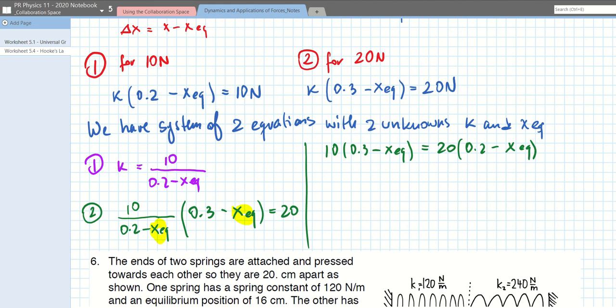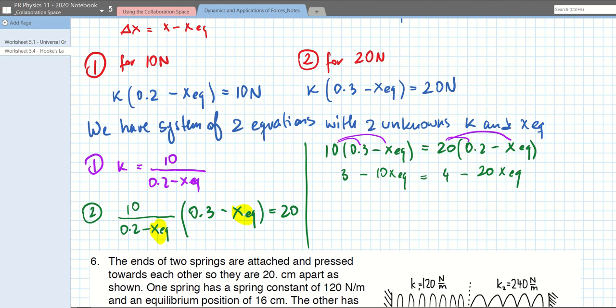We get this. Now we have to expand each of these. So multiply this out. 10 times 0.3 is 3, minus 10x. 20 times 0.2 is 4, minus 20x eq.